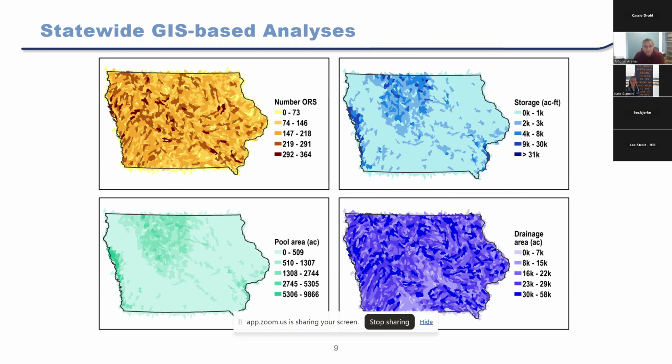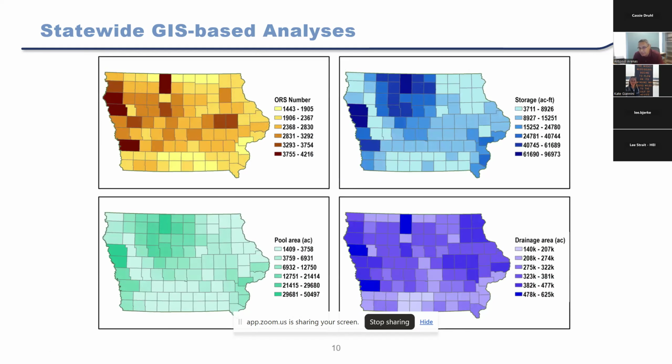So I have here the results aggregated at the HUC 12, and here I present exactly the same information, but aggregated at the county level, and of course the story is fundamentally the same. We have the same patterns identified in the Des Moines Lobe and near the Missouri River as well.